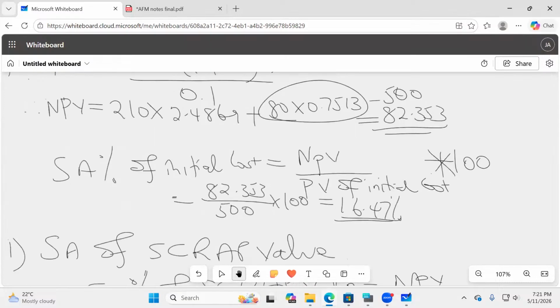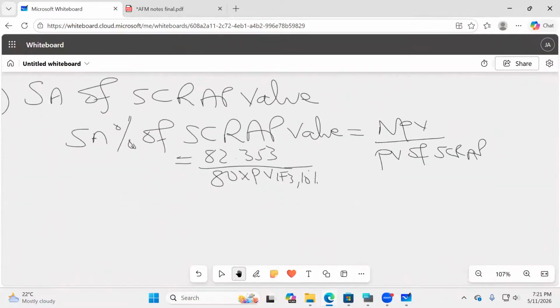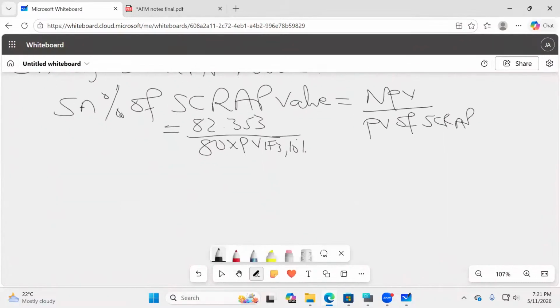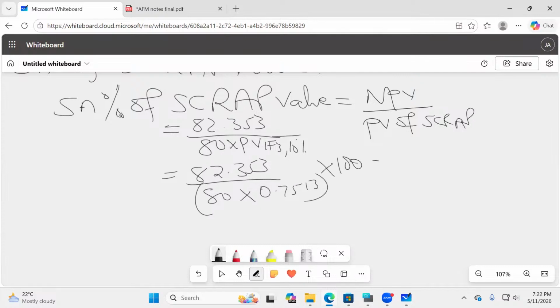So come here, ladies and gentlemen. It will be 82.353 divided by 80 times the PV, which is 0.7513. Whatever we get, we multiply by 100.